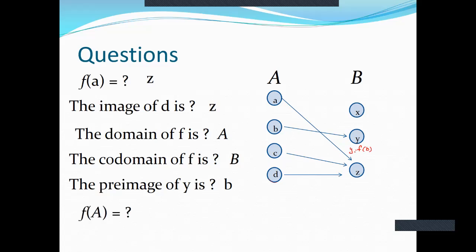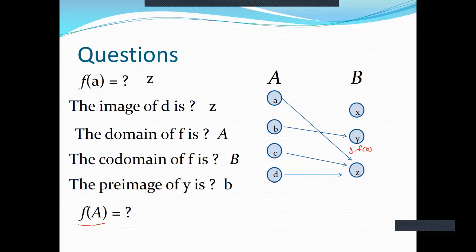What is f of A? As I mentioned earlier, f of A with the capital A is the range, right? What is the range of this set A? X, Y, and Z are the codomain, and the elements that have some pre-image, those that are mapped, form the range. In this case, only Y and Z are mapped.